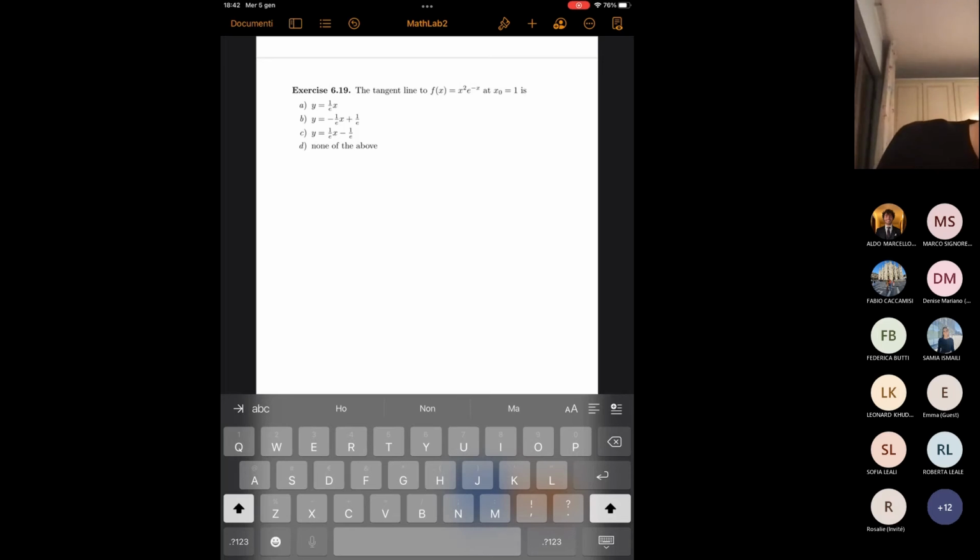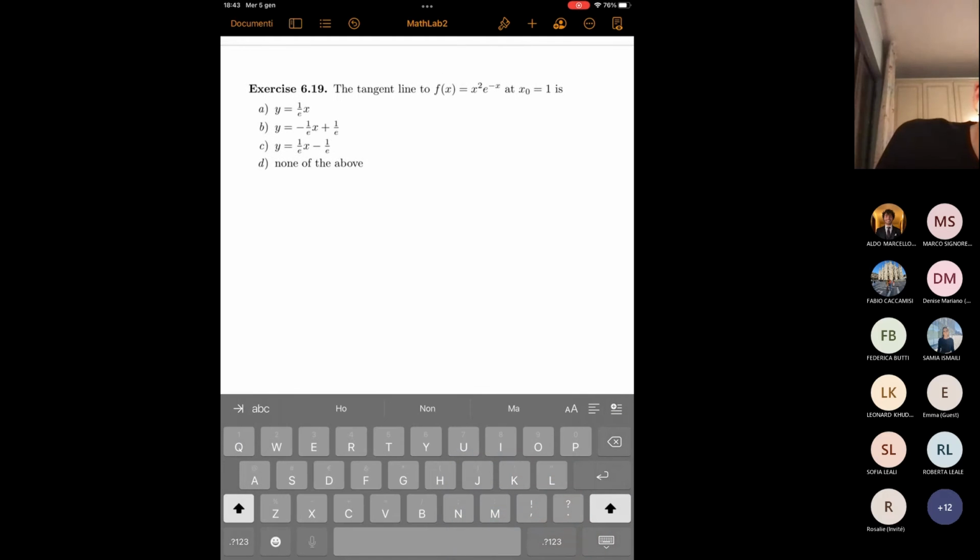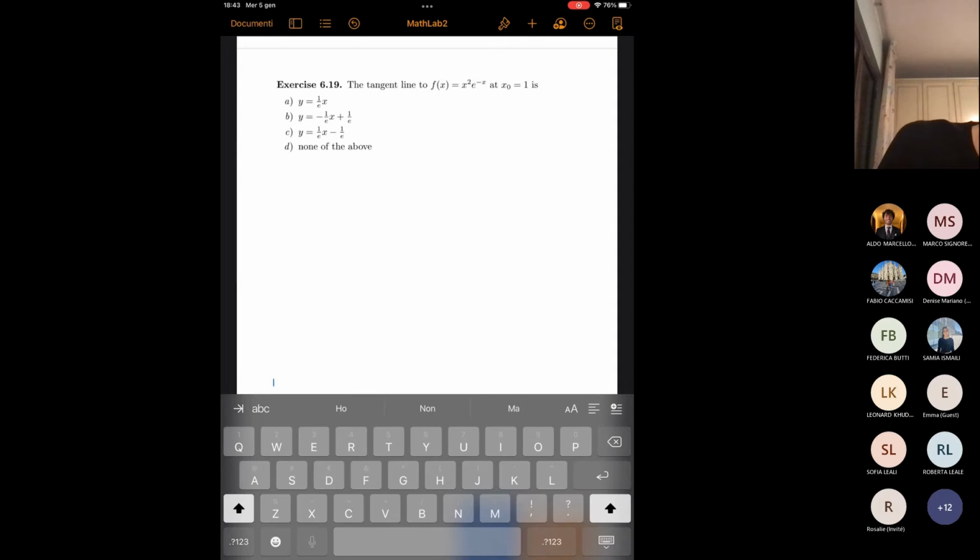So first of all, we would like to know how to calculate the derivative of that function, which is x squared times e to the minus x.